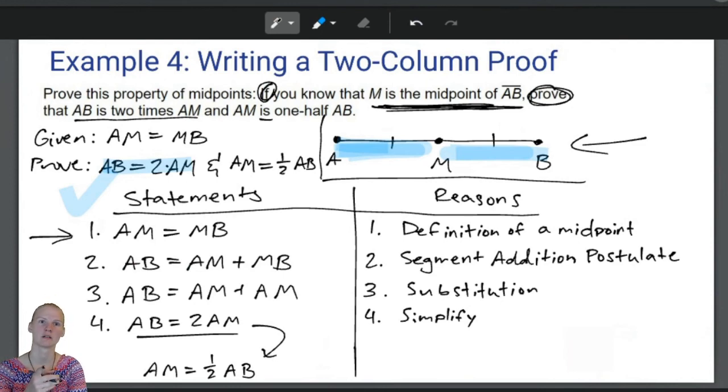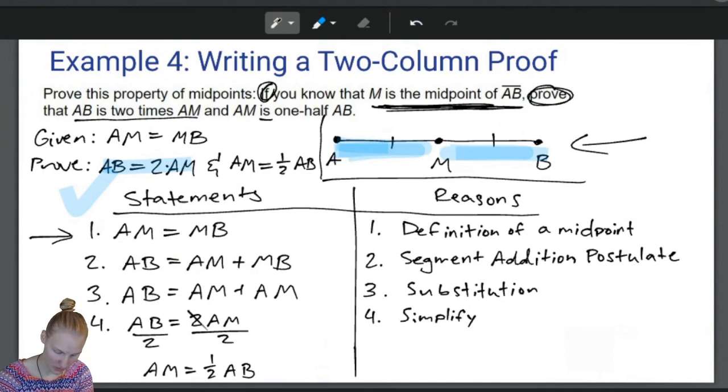Wait a minute. What if I just divide? What if I divide by 2 on both sides? Then I get rid of the 2, right? Because down here I wanted AM by itself. So let's just try to get AM by itself by dividing 2 on both sides.